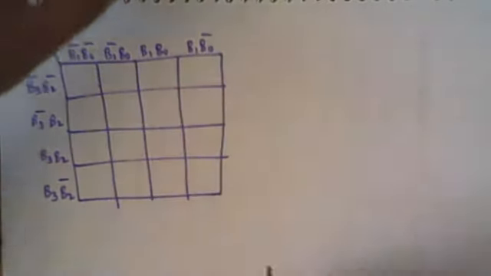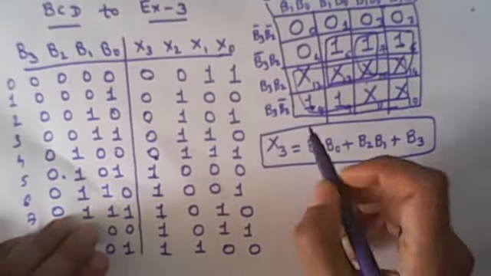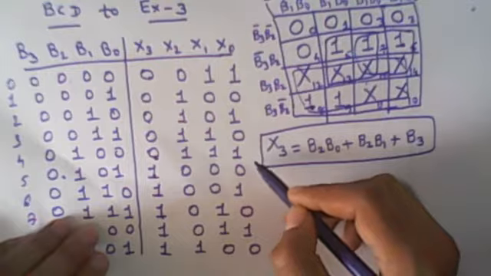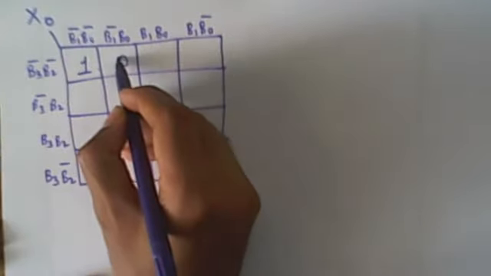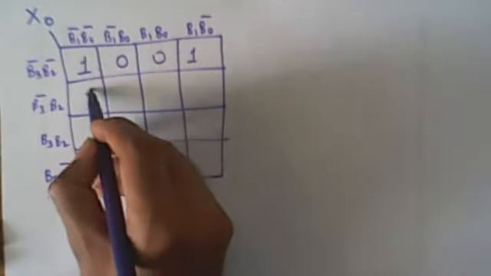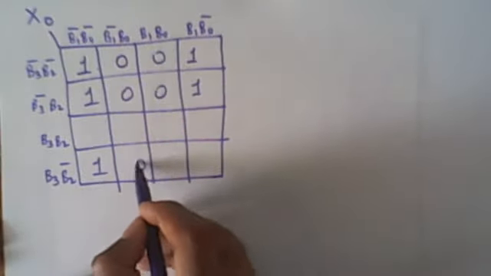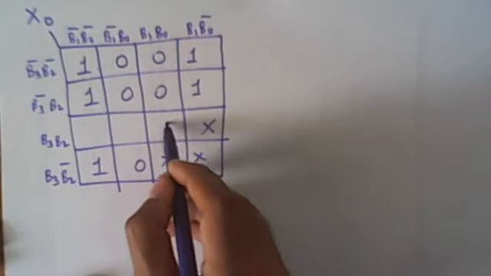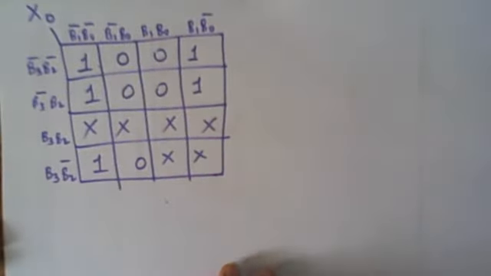So let me check from the truth table. For X0, it's a 1 0 1 0 pattern. So let us write here: first is 1, then 0, then 1, then 0, then 1, then 0, then 1, then 0, then 1, then 0. And the rest are don't care.